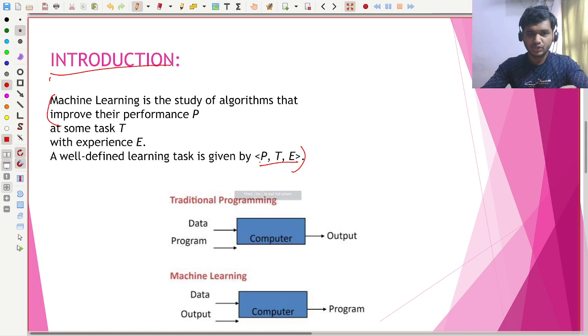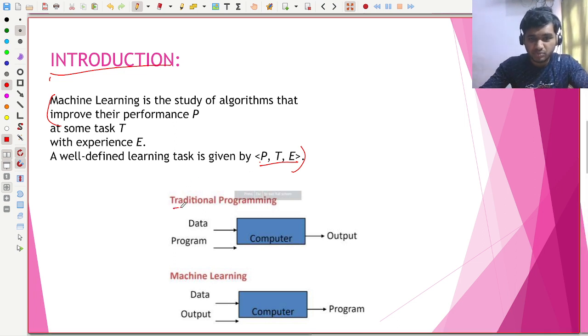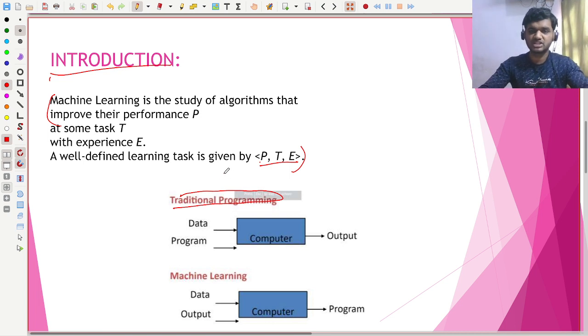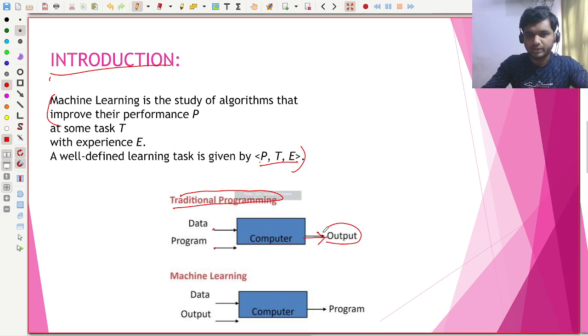In traditional programming, when you program in C++, Java, or Python, you give data and write a program in the computer, and you find the output.